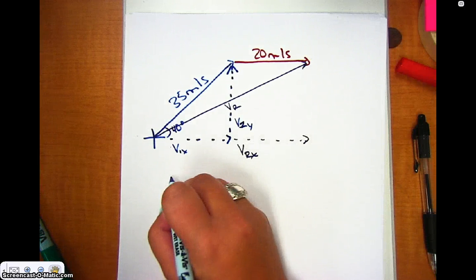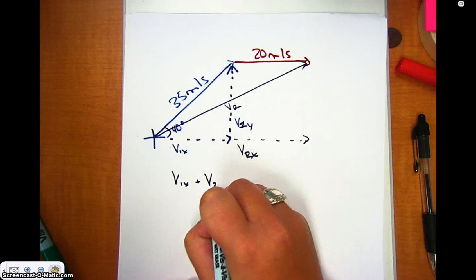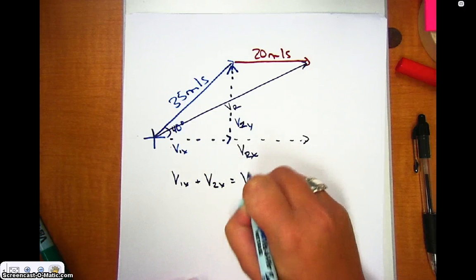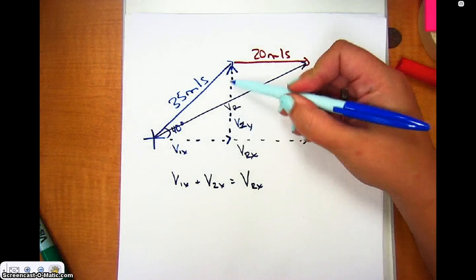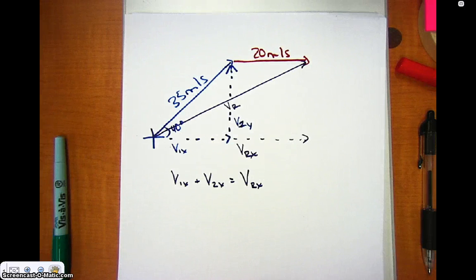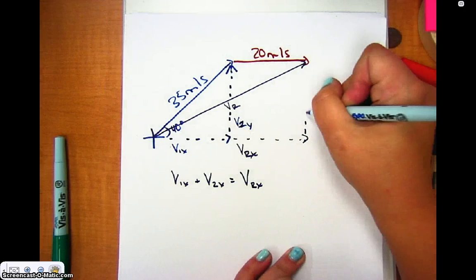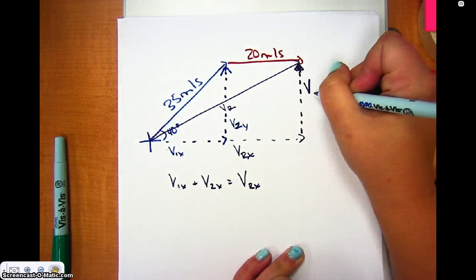In other words, we would say v1x plus v2x is equal to the resultant x. Then if we look at the y's, the same thing applies. The blue has a y component, the red does not. So all of the y's that are there add up to be the y of my resultant vector.